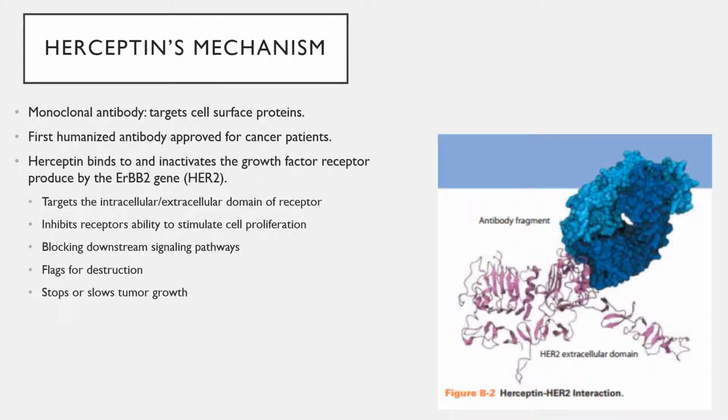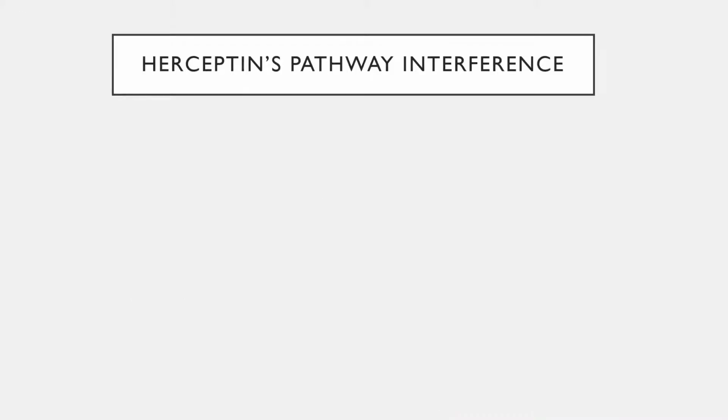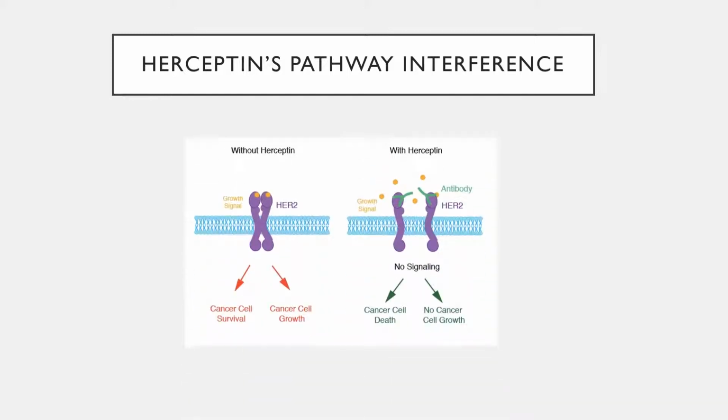And of course, HER2s are overexpressed in breast cancer patients. So this is something that Herceptin is used to block. And next, I will explain the pathway that Herceptin interferes in a bit more detail.